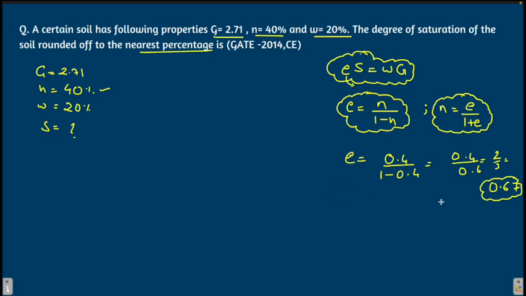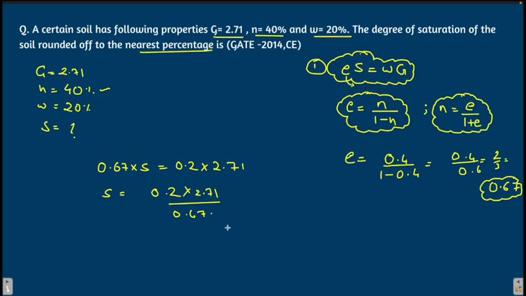Once we have the value of e, we put it in the first relation and find the value of S. 0.67 times S equals wG, where w is 0.2 and G is 2.71. So S is 0.2 times 2.71 divided by 0.67, which is 0.2 times 271 divided by 67.